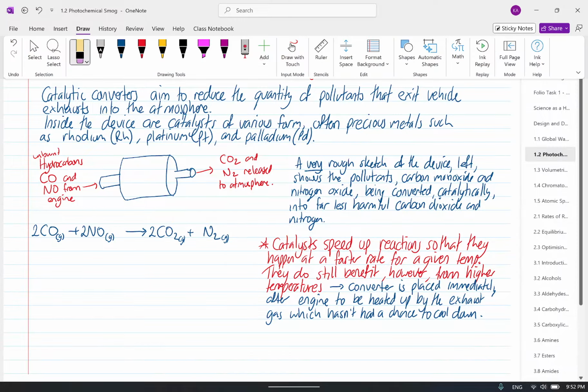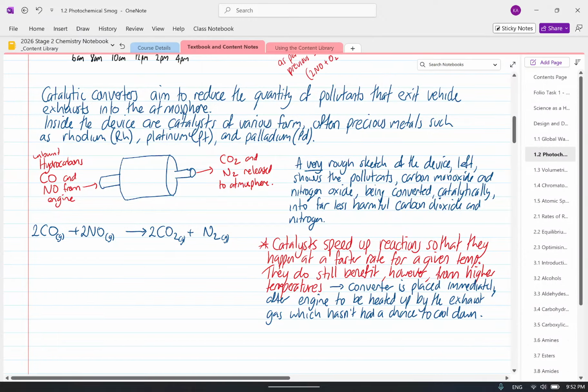Now we have our three major pollutants there, and what comes out of the end is going to be carbon dioxide, which, while obviously not great climate change wise, is not a poison in and of itself. We have N2, nitrogen gas, which is certainly harmless considering it makes up around 80% of the air.